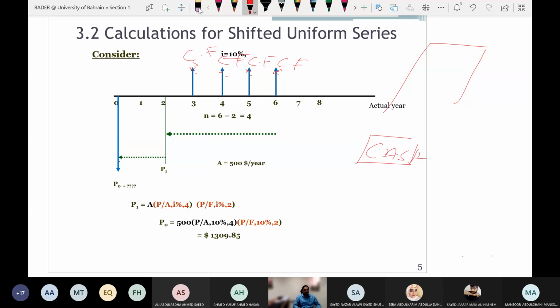Now, the table, first of all, we will realize something of importance. The first column is going to be 1. So I don't see there is a 0. I see 1.